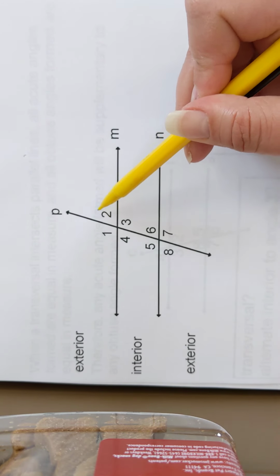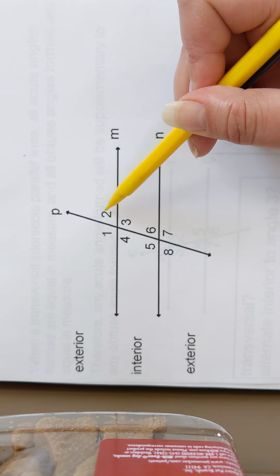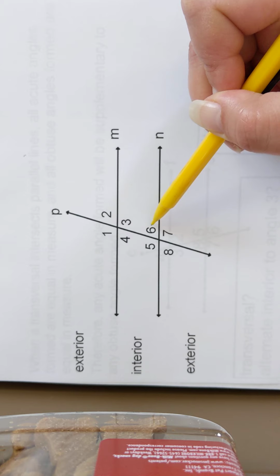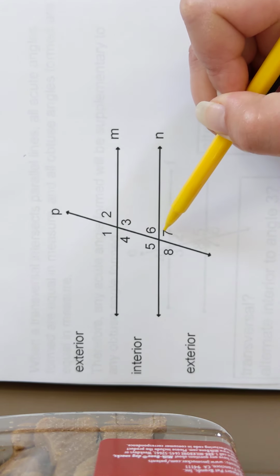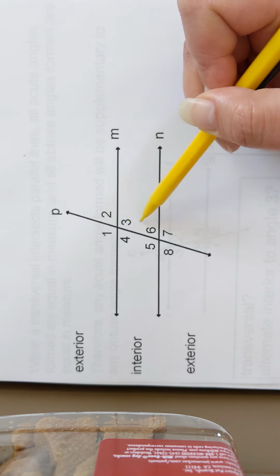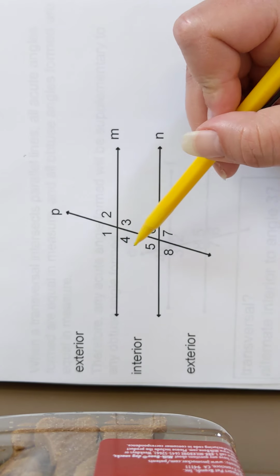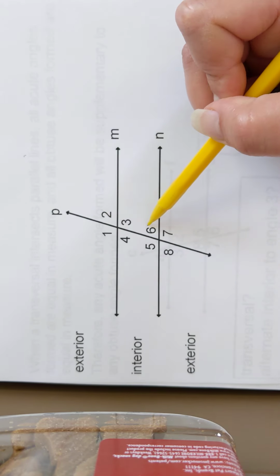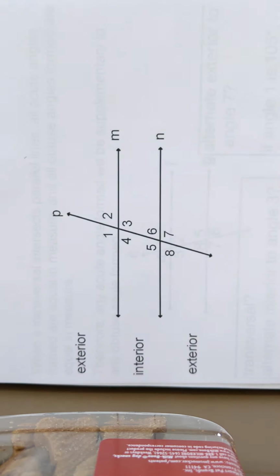Top right-hand of these four angles, angles 2 and 6 are corresponding angles. Bottom right, 3 and 7. Angles 3 and 7 are in the same position, so those would be corresponding angles. And angles 4 and 8 would be corresponding. So top left, top right, bottom right, bottom left. Each of those pairs would form corresponding angles.